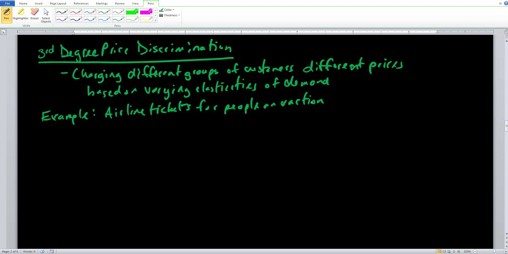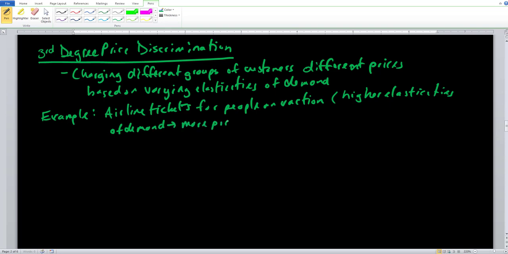Remember, because they have more time to decide where they want to go, and the more time you have to decide, the higher your elasticity of demand is going to be. So people on vacation typically have higher elasticities of demand, and if you have a higher elasticity of demand, that tells you that you are more price sensitive.